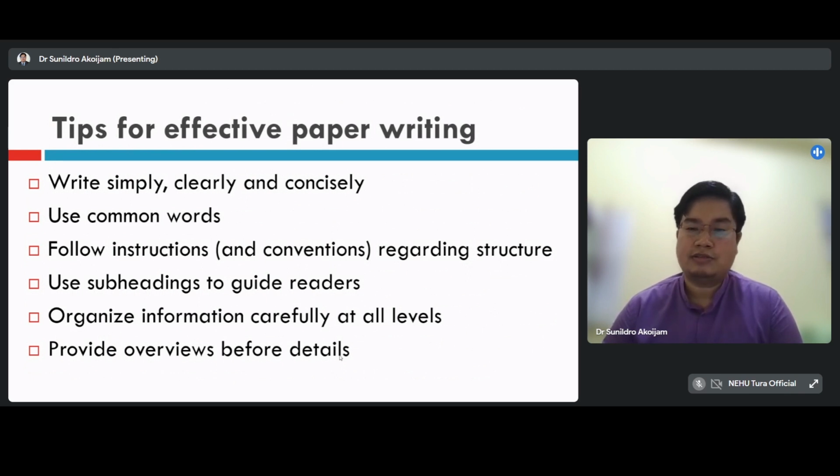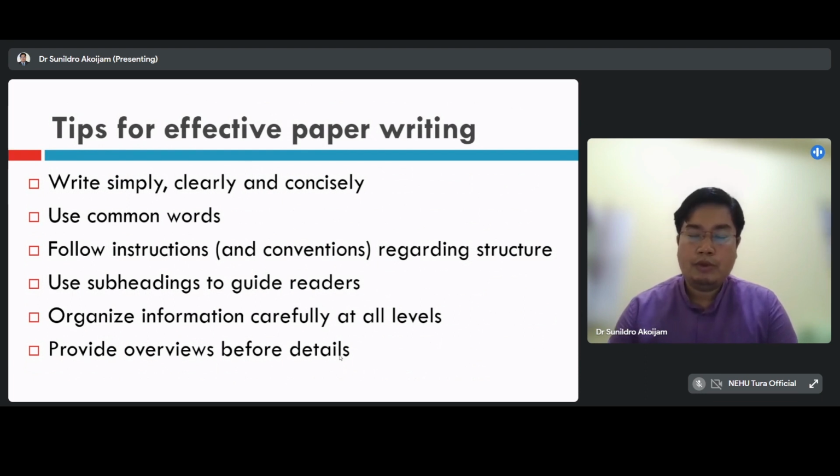Then follow instructions regarding structure. As I said, go by the author's guidelines of the journal, structure accordingly, and use subheadings to guide the readers. In many journals, I have seen that they ask authors to use headings and subheadings, like one introduction, two review of literature, three research methods, and then under each section, subsections or subheadings will come.